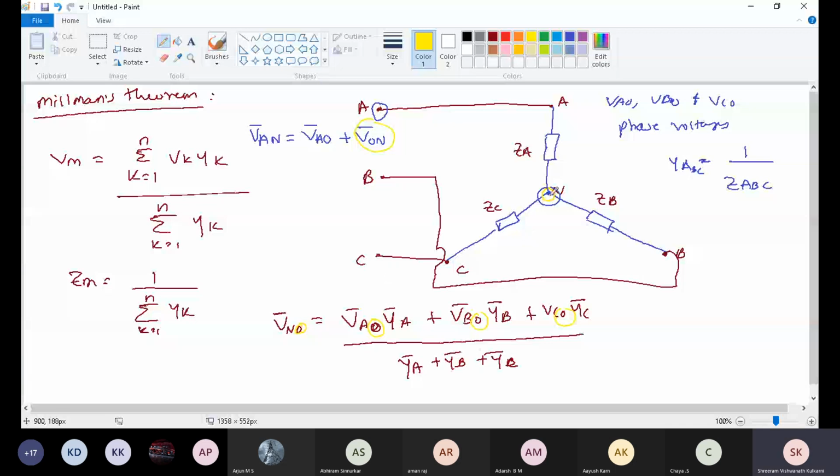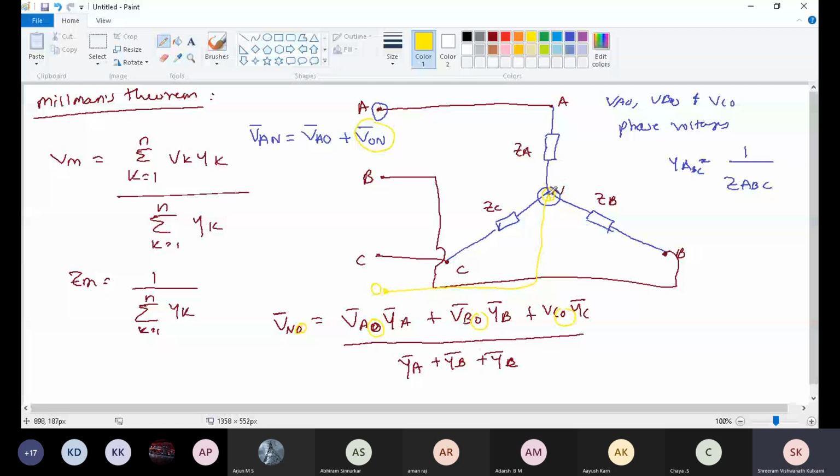If I connect one more wire from the load neutral to the supply neutral O, then I will not get this VON, meaning there is no voltage difference.